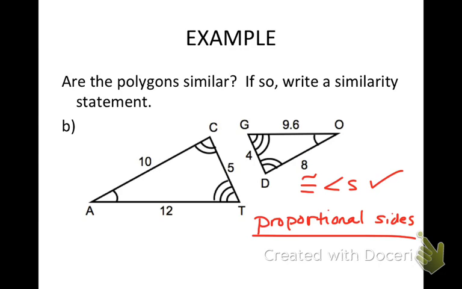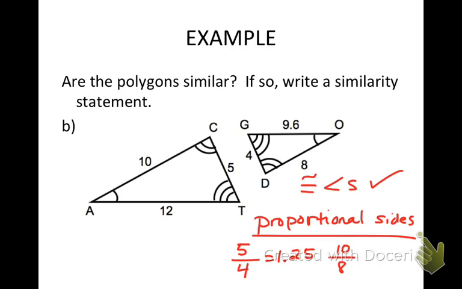All right, so the smallest side on the left is 5. The smallest on the right is 4. So 5 divided by 4 is 1.25. Now let's go to the next largest. So 10 would be compared with what on the other side? 8.